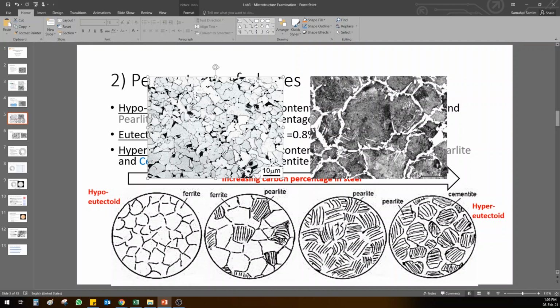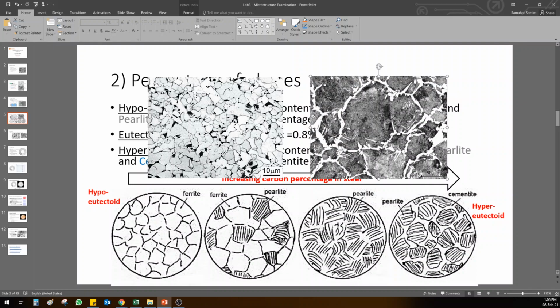You can answer by saying, in this microstructure I have 80% ferrite phase, which is white color, and around 20% pearlite phase, which is black color. Because of that, ferrite and pearlite, it is hypoeutectoid steel, and my carbon percentage is less than 0.8%. That's how you answer this question.